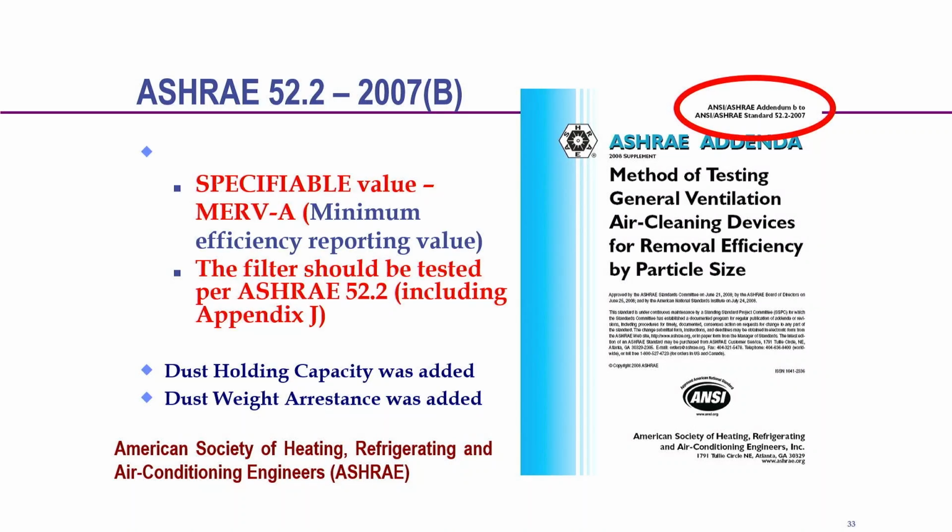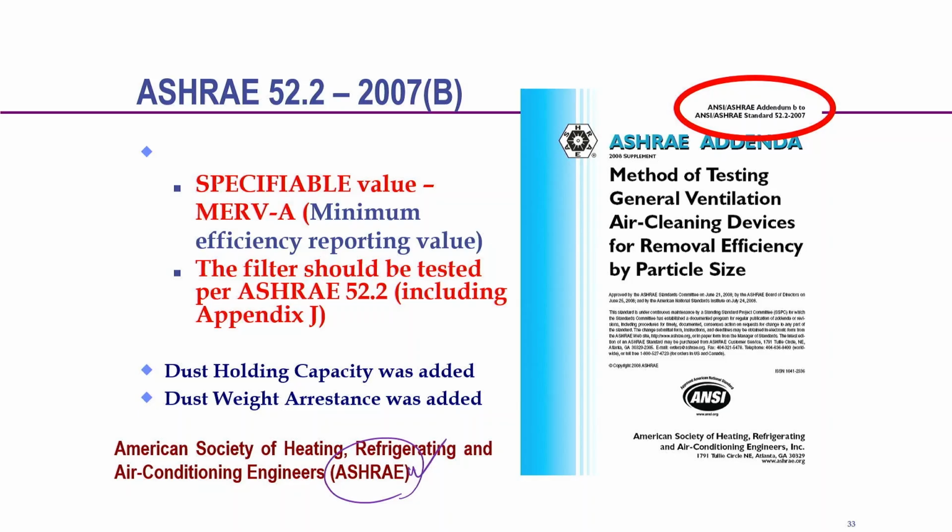Now, there are different standards that we will discuss. One standard is from the American Society of Heating, Refrigeration and Air Conditioning Engineers, ASHRAE. This is the standard for filtration.